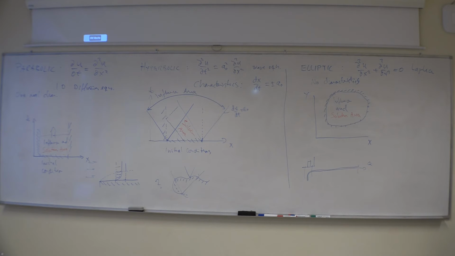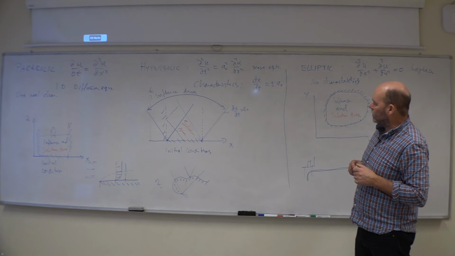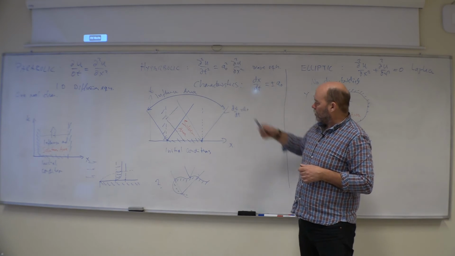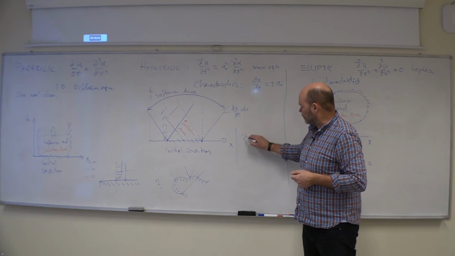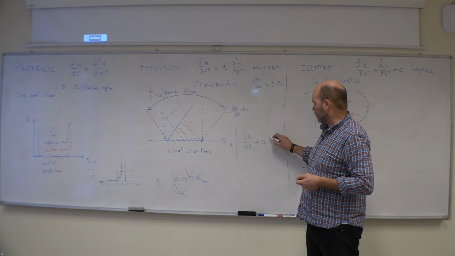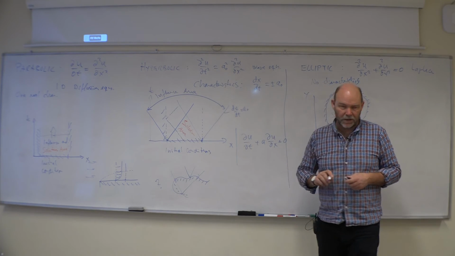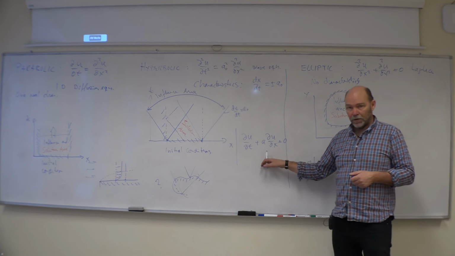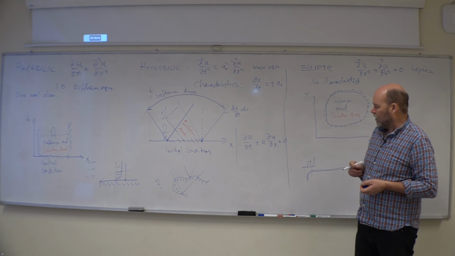But we are going to see hyperbolic equations, for instance, looking something like this: du/dt plus velocity du/dx equals 0. That's the advection equation, hyperbolic. It's only a first order equation, but still hyperbolic.